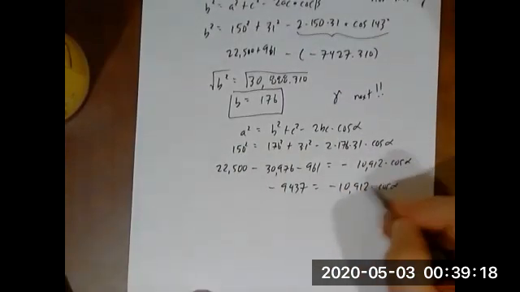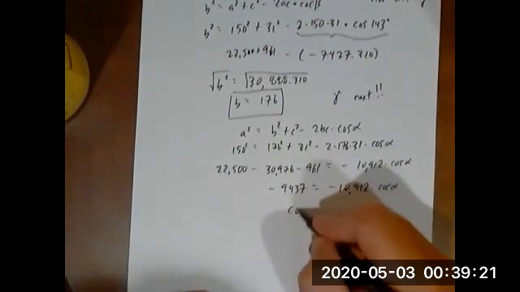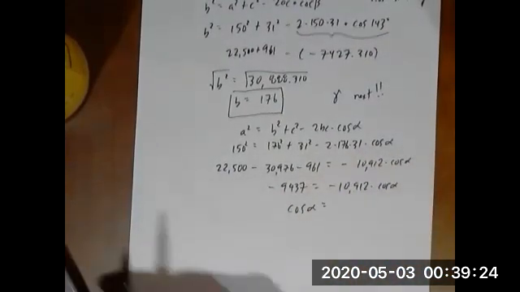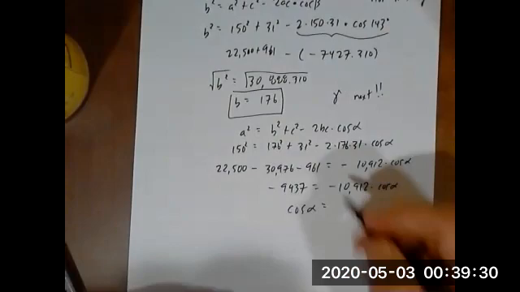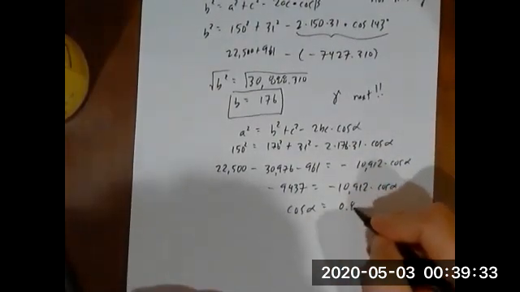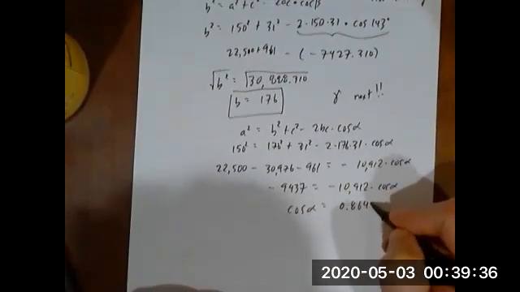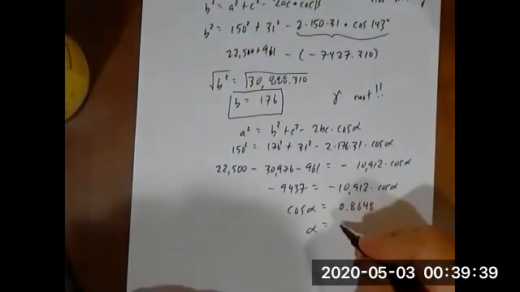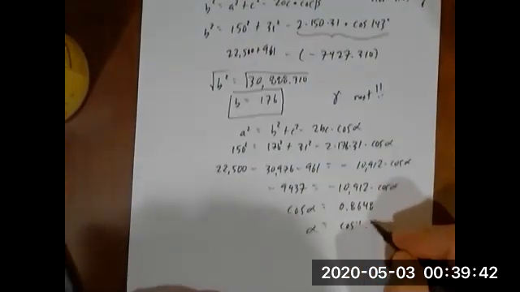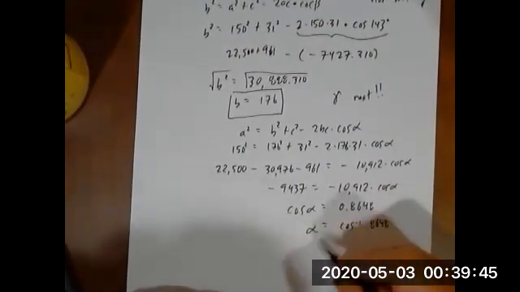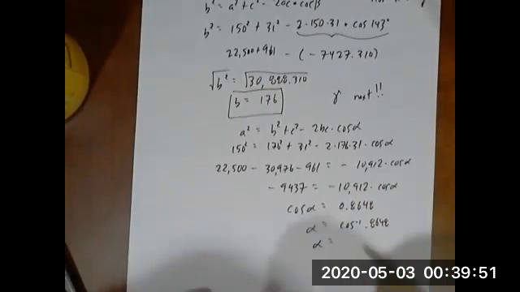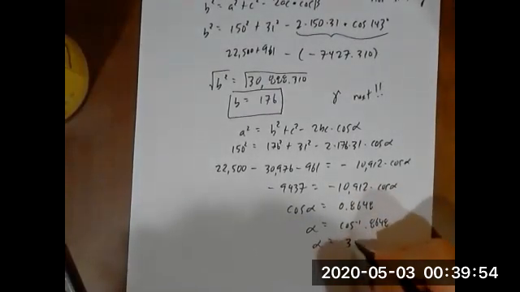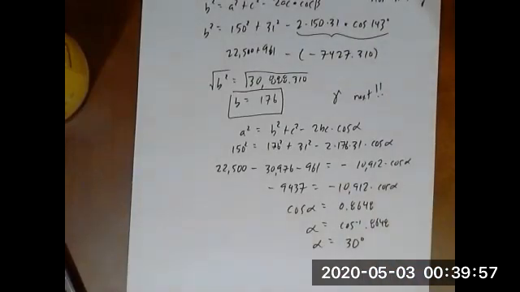If I divide both sides by negative 10,912, because I want to solve for cosine of alpha, I'm going to get 0.8648, and then I have to take the inverse cosine of that, and you get 30.13, but since they want whole numbers, 30 degrees, let me make sure about that.